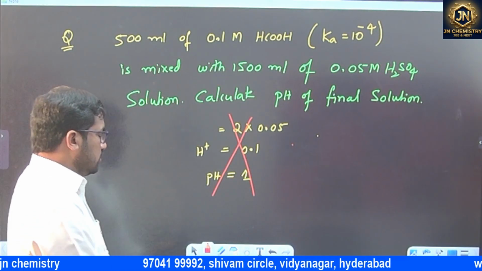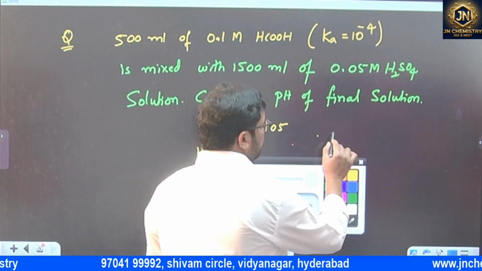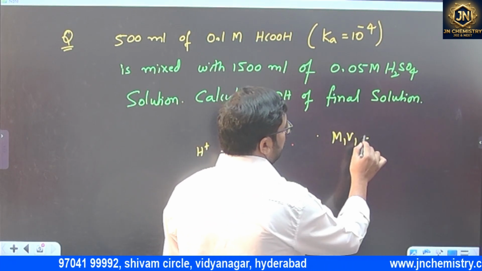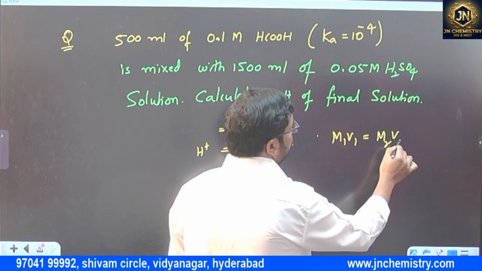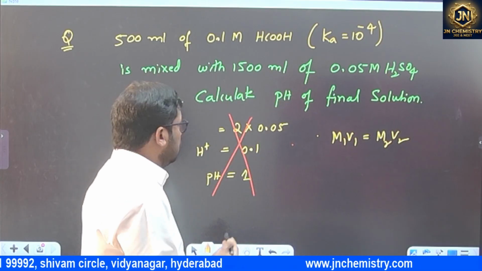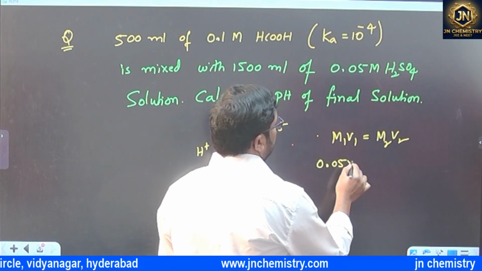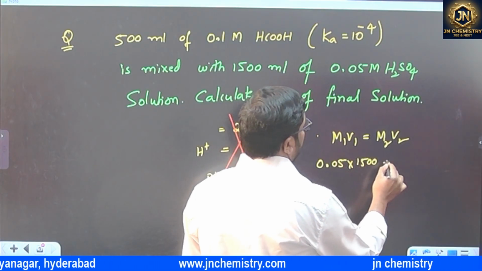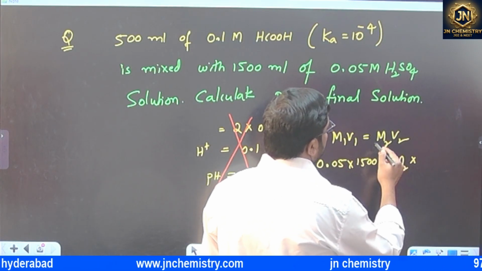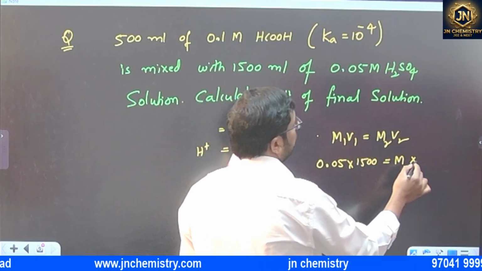So here is the law of dilution method. We will use M1V1 is equal to M2V2, or N1V1 is equal to N2V2 also we can use. So here M1 is 0.05 into 1500. M2 we need to calculate, into the total volume, 500 plus 1500, 2000 ml.